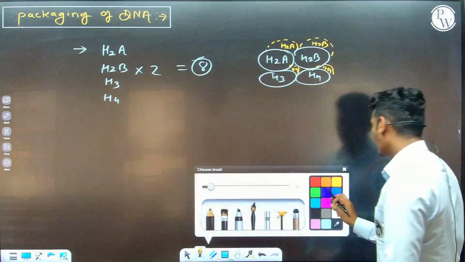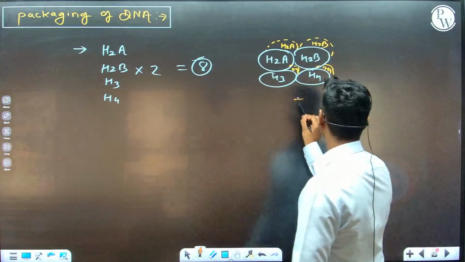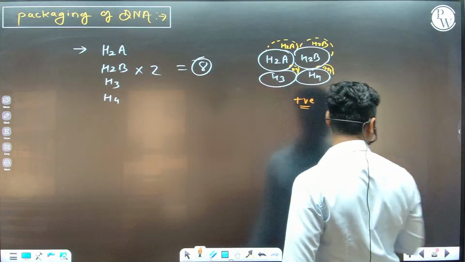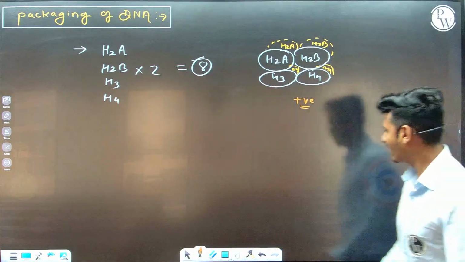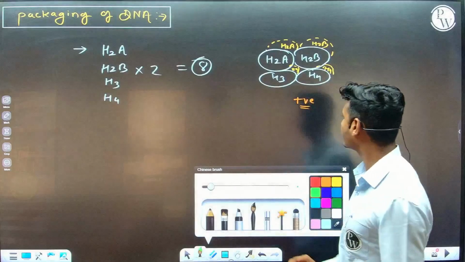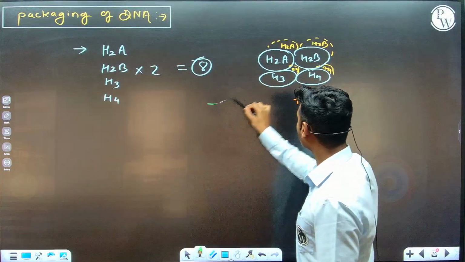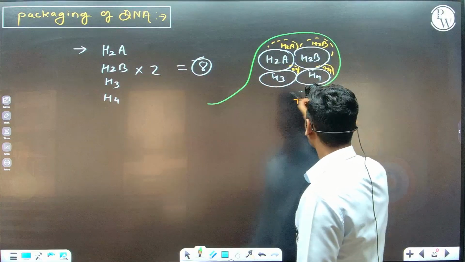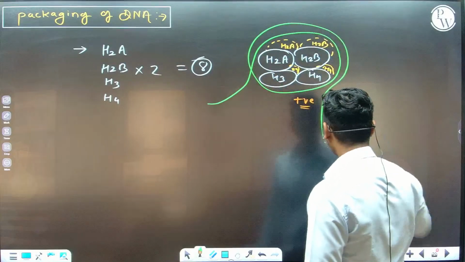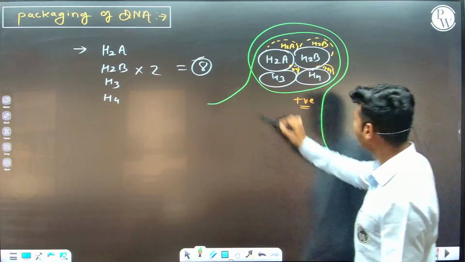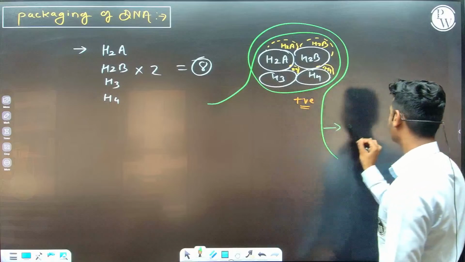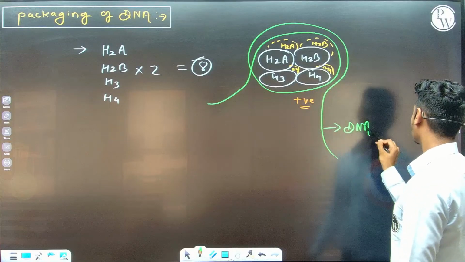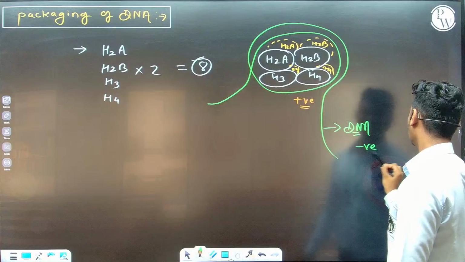What is the charge of this octamer? Positive charge. Now on that positively charged protein, there is a wrapping of DNA. This is the DNA. Charge of DNA is negative.